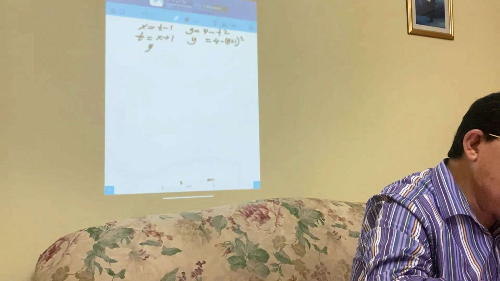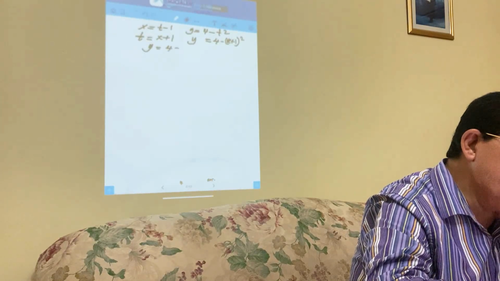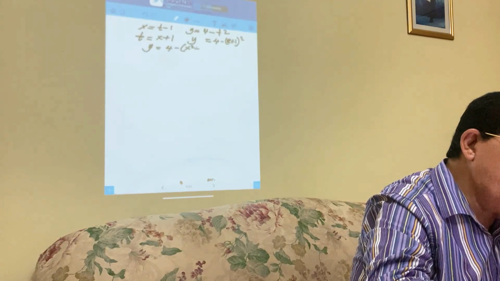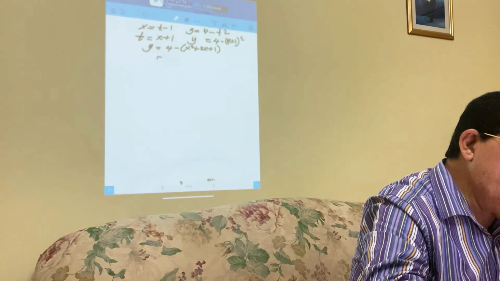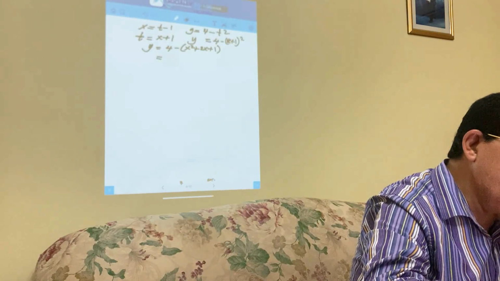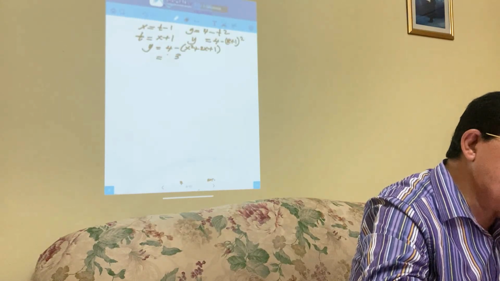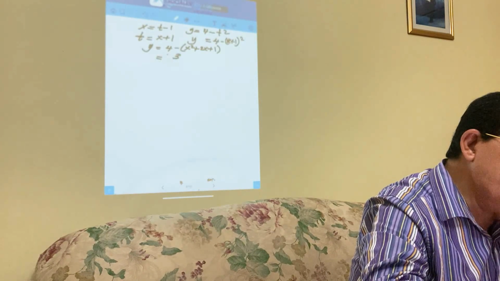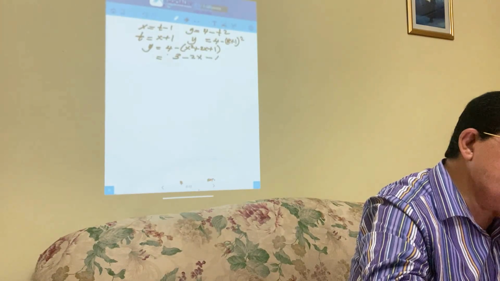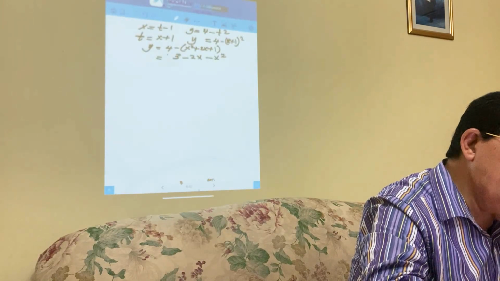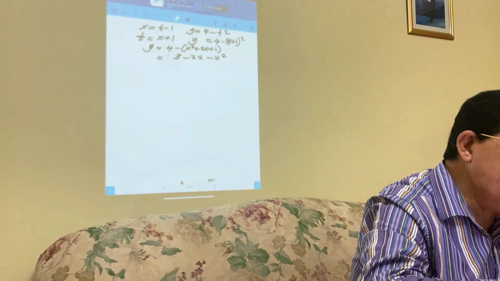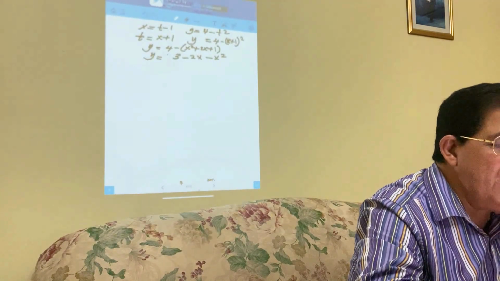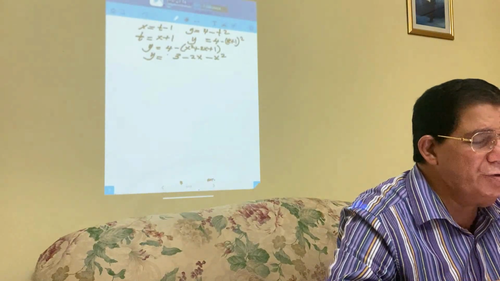Therefore y equal 4 minus (x squared plus 2x plus 1). This means 4 minus 1, 3, then the equation is 3 minus 2x minus x squared, and this is a parabola, an inverted parabola.